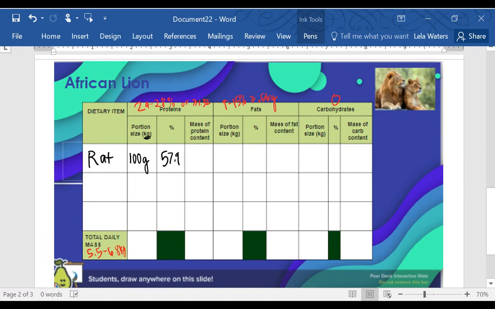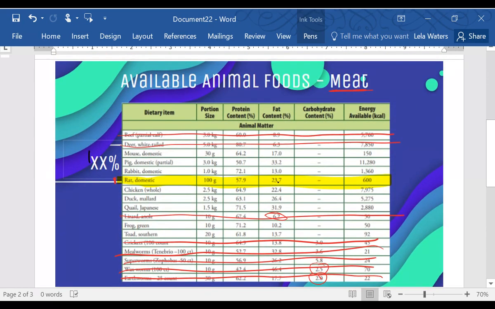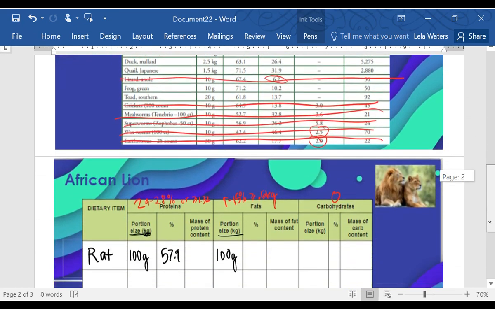And then we're going to calculate the mass of the protein here in just a second. The portion size, again, this is the same as right here. So this is just the 100 grams again that we're going to convert to kilograms. And then the percent fat that the rat contains is 23.7% fat.